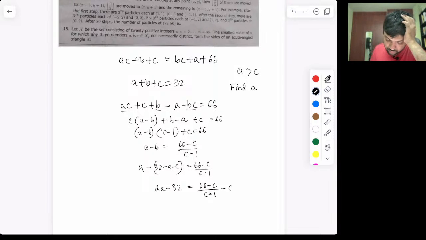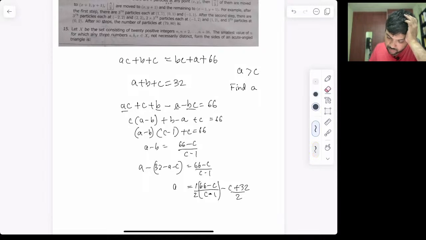So just take 32 to the other side, plus 32, and you divide a by 2. If you want, you can call it c minus 32 by 2.